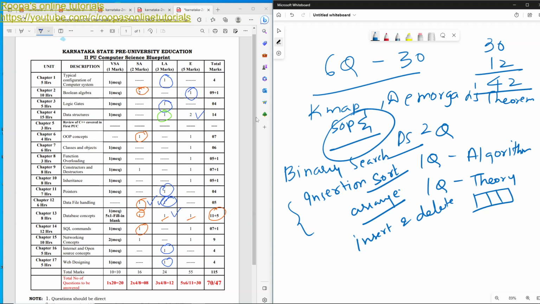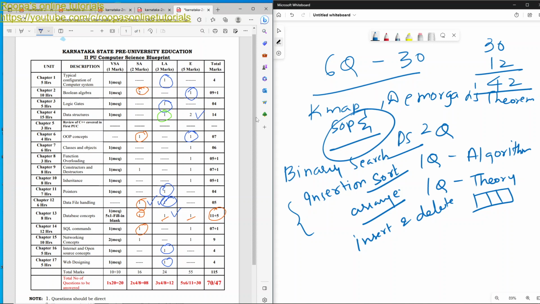And then you have OOPS concepts. Now this is a very easy chapter. There are only 5 main questions: advantages and disadvantages of OOPS. Then you have advantages of OOPS over procedural programming language, so you need to write about OOP and POP.